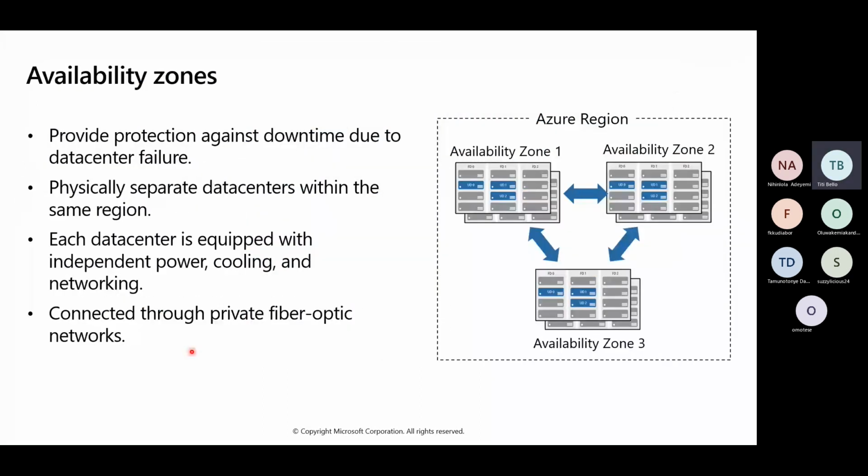And then we talk about availability zones, and we said availability zones are created to protect against downtime due to physical data center or whole data center failure. If you look at the screen, you will see that we have a region here, and within the region we have 3 availability zones. Each availability zone will have a number of data centers that back up for each other. So one availability zone will be a backup for another availability zone.